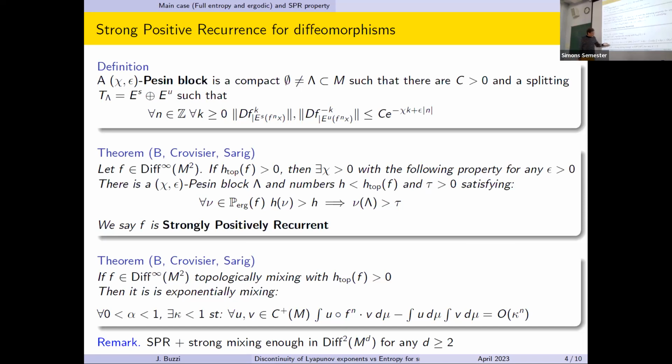So here you can take any Holder exponent alpha, then you have a rate kappa such that for any two C alpha, so any two Holder continuous functions with exponent alpha, the correlation function decays at the rate kappa.